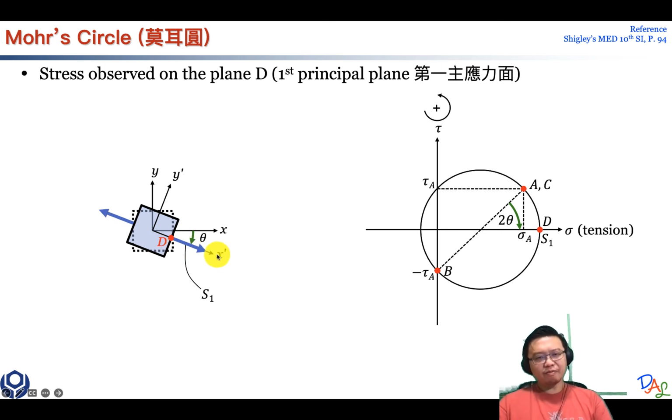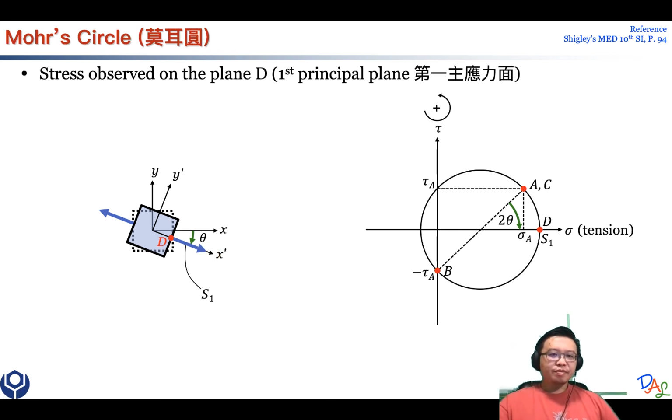Over here we define this coordinate system as x prime and y prime. It has an angle theta against the original coordinate system, and we call this point D. The point D is right at the right end of this circle, and at this point it has the largest normal stress. We call this the principal stress, and this coordinate is your principal stress coordinate.